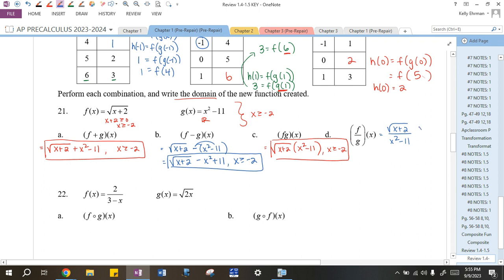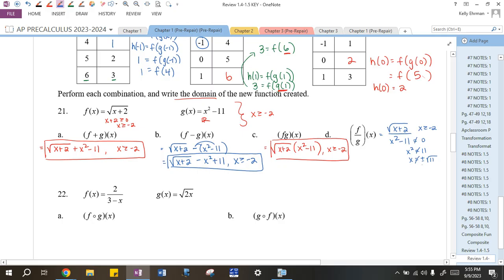It's still true that x needs to remain greater than or equal to negative 2, but also x squared minus 11 can't equal 0 because now we've created this denominator. We don't want to divide by 0. So that would make x squared not equal to 11, which means x can't equal plus or minus the square root of 11, in addition to being greater than or equal to negative 2.